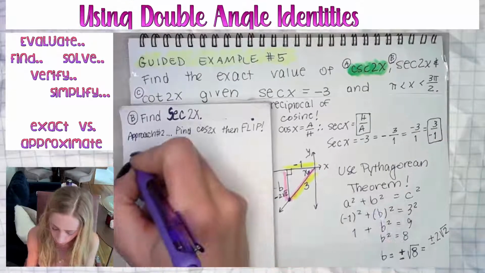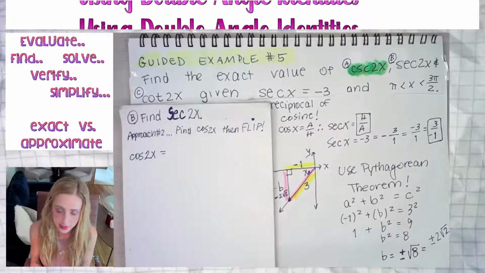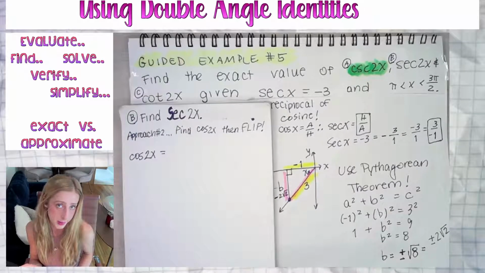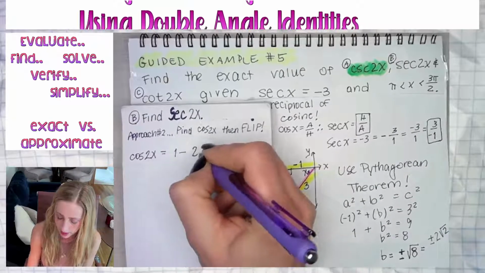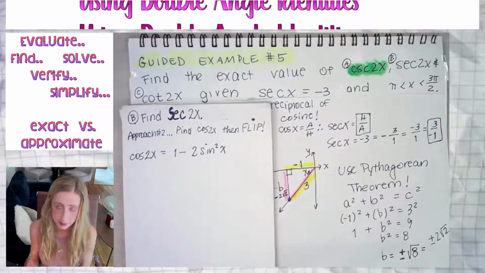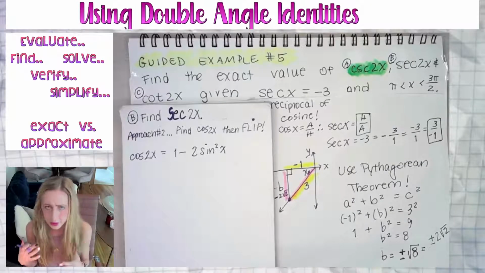Okay, cosine 2x equals. We have a few identities, we could choose one of 3. I'm going to spice it up a little bit and use the third one, 1 minus 2 sine squared x. I think I used cosine squared minus sine squared in a different example, and 2 cosine squared minus 1 in a recent on your own answer explanation, so I just want to change it up.